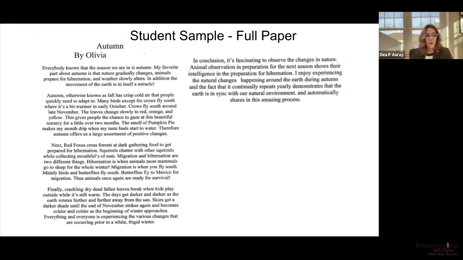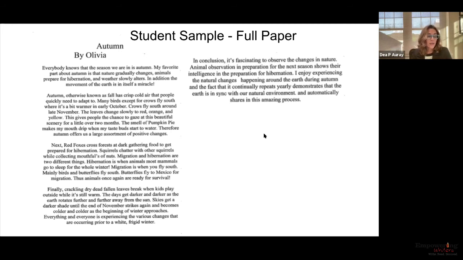So everybody knows that the season we are in is autumn. My favorite part about autumn is that the nature gradually changes, animals prepare for hibernation, and weather slowly alters. In addition, the movement of the earth is in itself a miracle. Autumn, otherwise known as fall, has crisp, cold air that people quickly need to adapt to. Many birds, except for cows, fly south, where it's a bit warmer in early October.